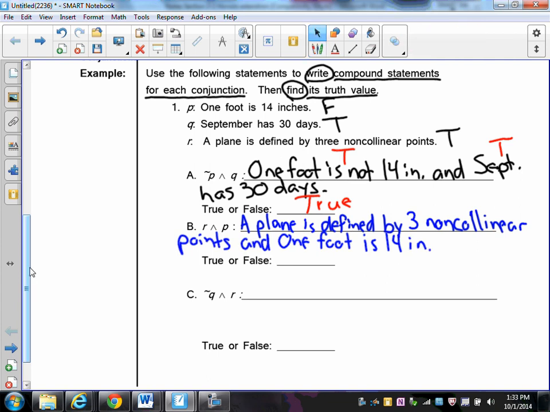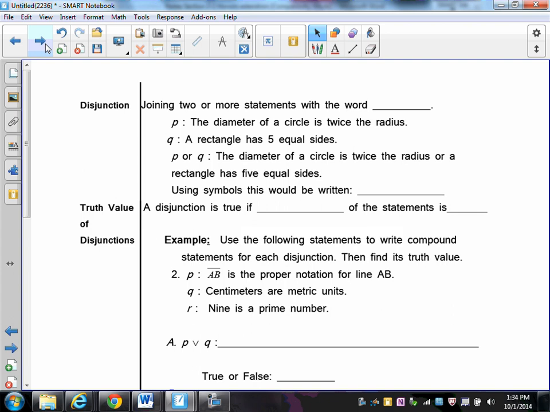Whenever I break this down, a plane is defined by 3 non-collinear points. We said that's true. And 1 foot is 14 inches. We said that was false. So we'd have true and false. Since both of them are not true, that means the whole thing is false. You can try C on your own if you want additional practice. Those are our examples with the conjunction, or using and.